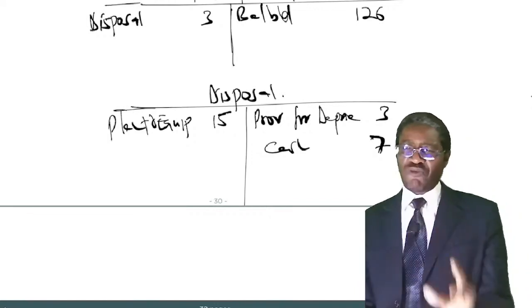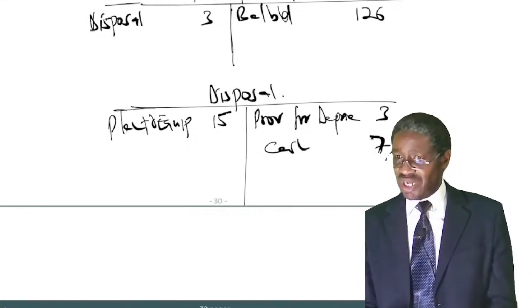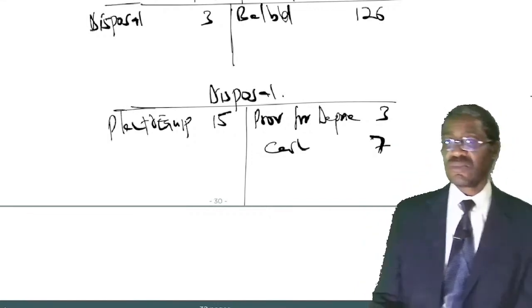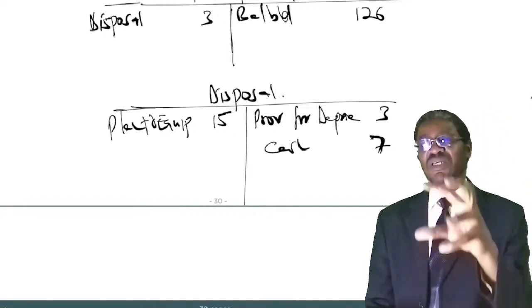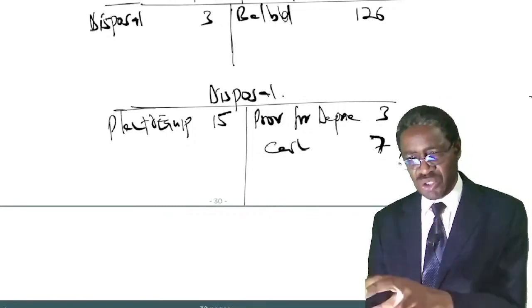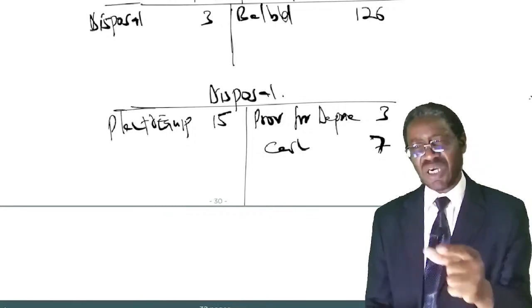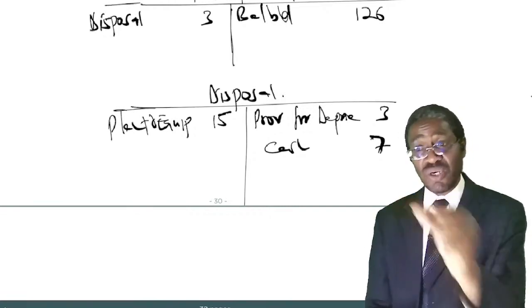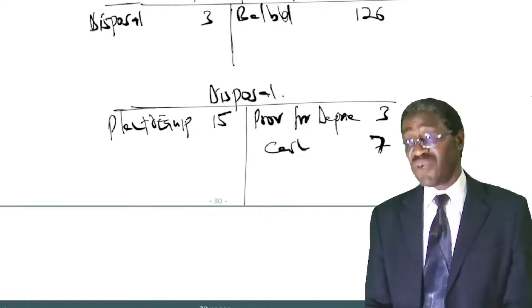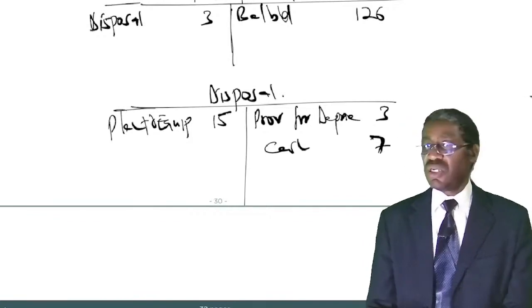I hope you have not forgotten your last step. Your last step used to say what? Determine the gain or loss on disposal as a balancing figure in the disposal account.